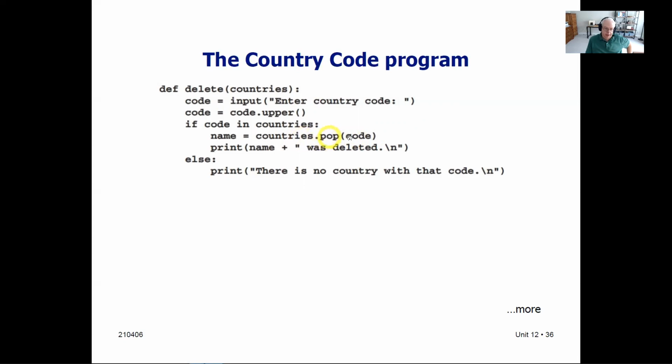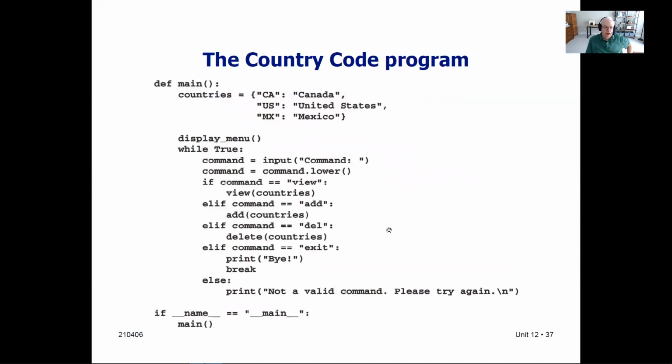We're going to run the pop method on that dictionary for a code that is entered by our user, and that's going to return the value for that key that is the code. And then we can use that name in some output here, name plus was deleted, or we can print that that code doesn't exist if we get a fail on this if statement.